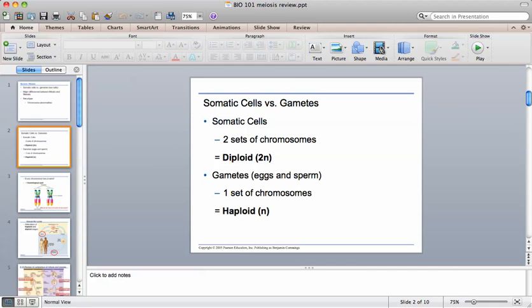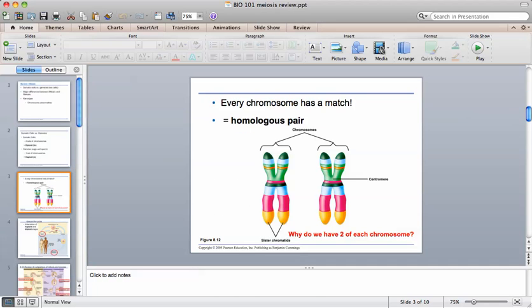We'll take a look at the diagram, which does a really great job of pointing out these different cell types. For the gametes, we call those haploid cells. They have one set of chromosomes. Like I said, we have two of each chromosome in each of our somatic cells, one from mom and one from dad. That's why we have two of each.